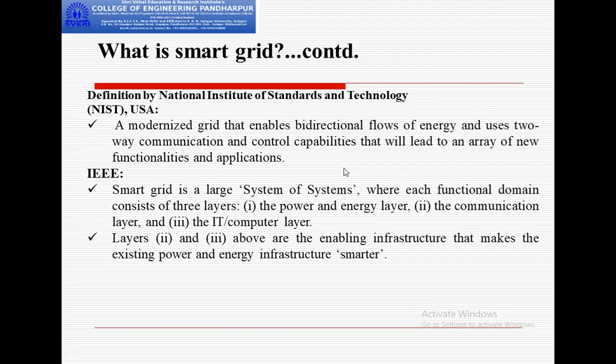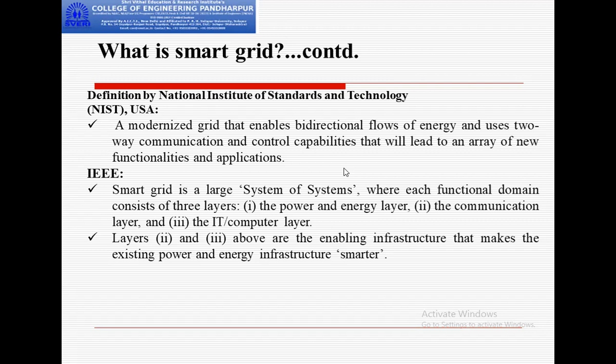The word smart will include the communication and IT computer layer. In the communication layer, you can work on even fault detection, and in the IT computer layer, whatever projects you can do. And layers 2 and 3, as I talked about, are the enabling infrastructure that makes the existing power and energy infrastructure smarter.